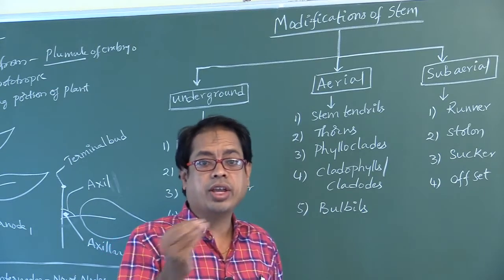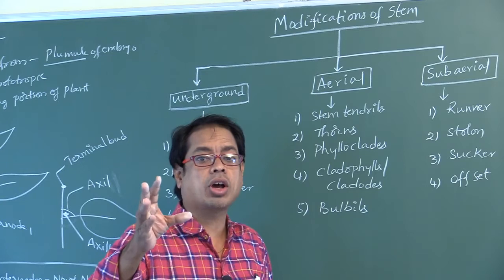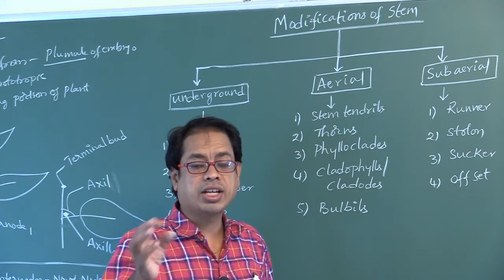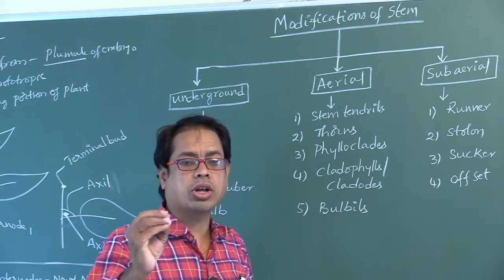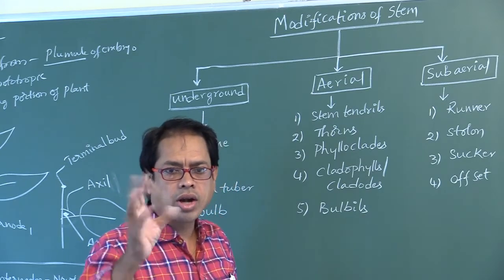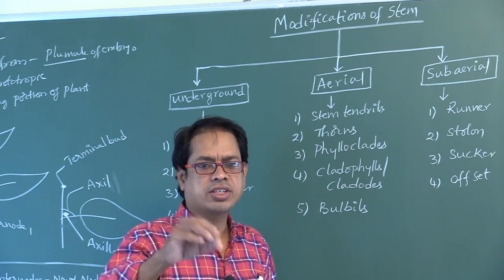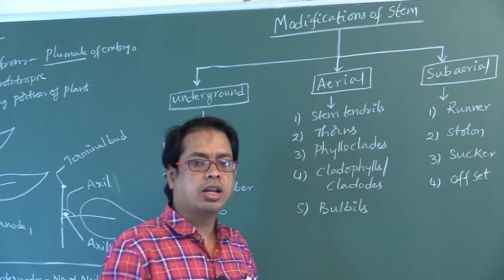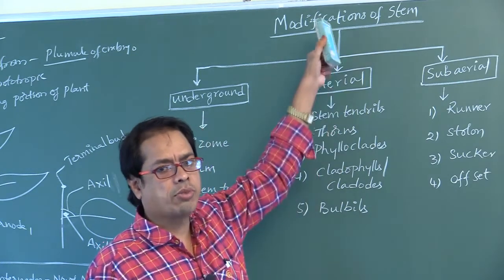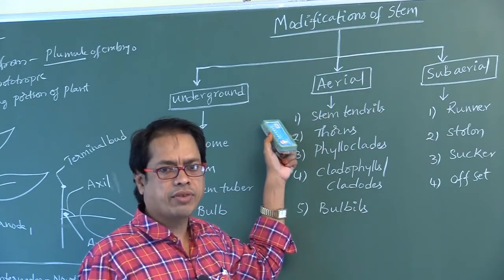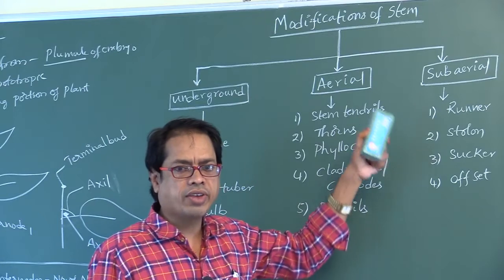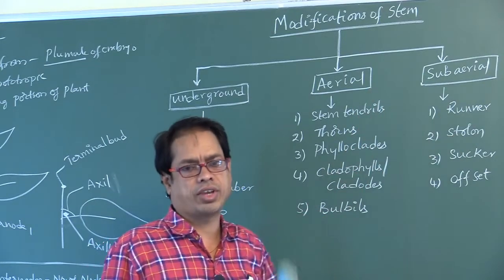The permanent structural changes in plant organs are called modifications. The modifications that occur in stems are called stem modifications. The stem modifications are mainly of three types: underground, aerial and subaerial stem modifications.